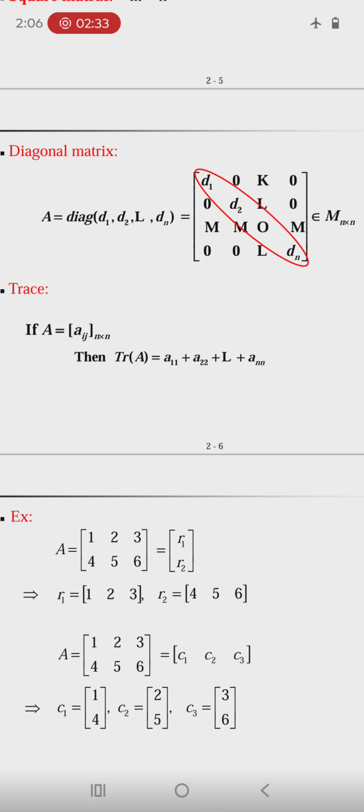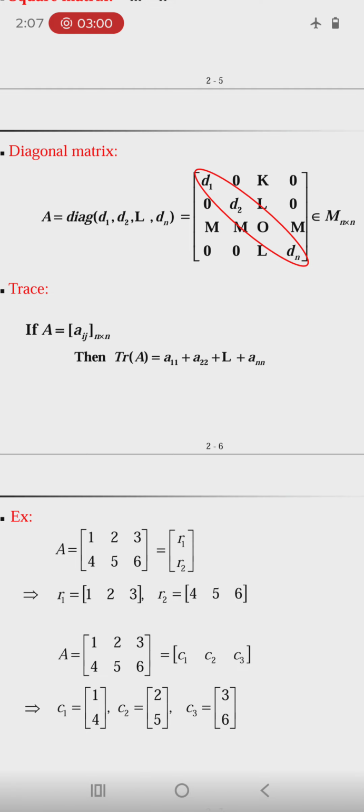These elements write the matrix in diagonal form. The first row is d1, 0, and so on, 0. Then 0, d2, and so on, 0. The diagonal elements d1, d2, up to dn are called the diagonal elements of matrix A.